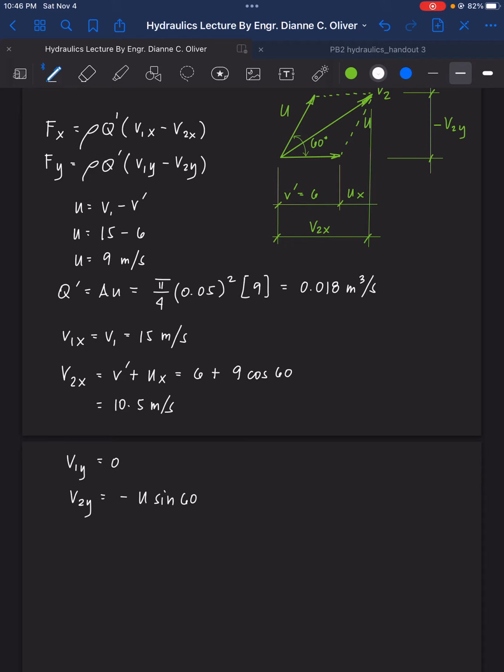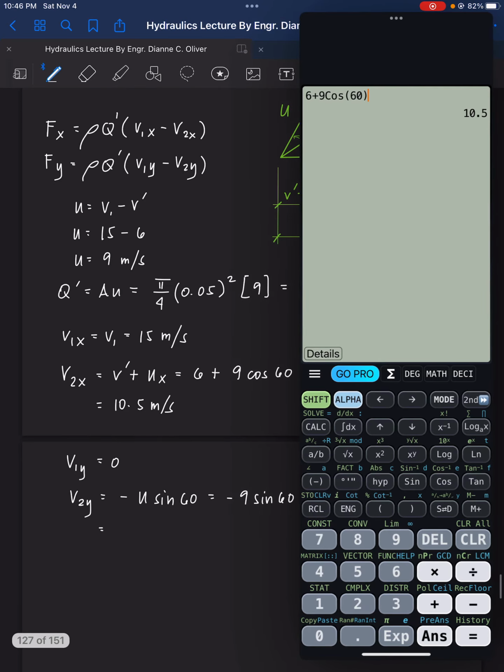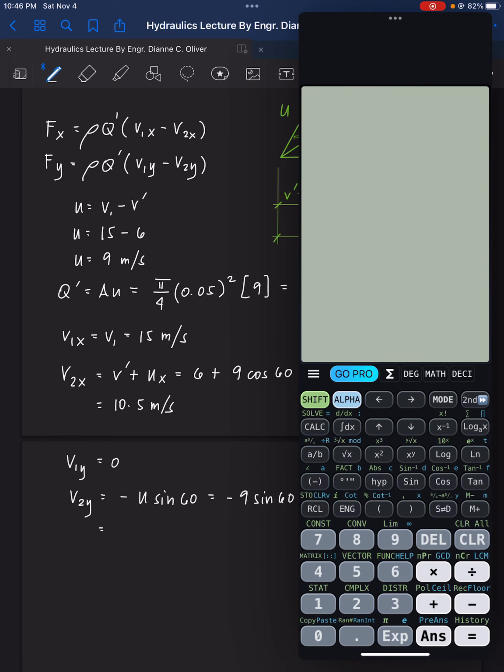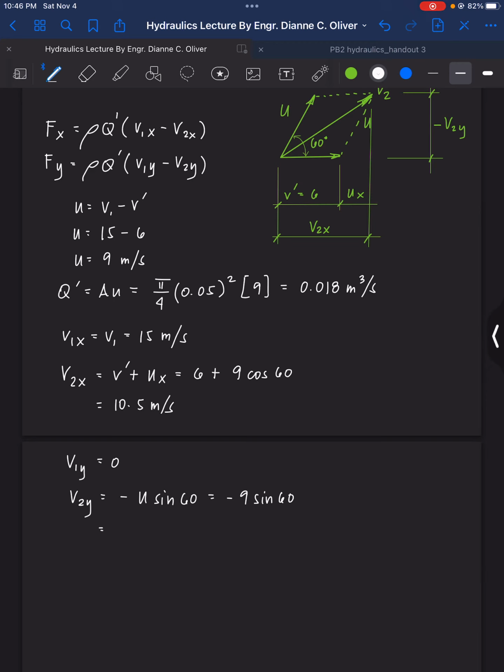That is negative 9 sine 60. So V2y is equal to negative 7.794, so negative 7.79 meters per second.